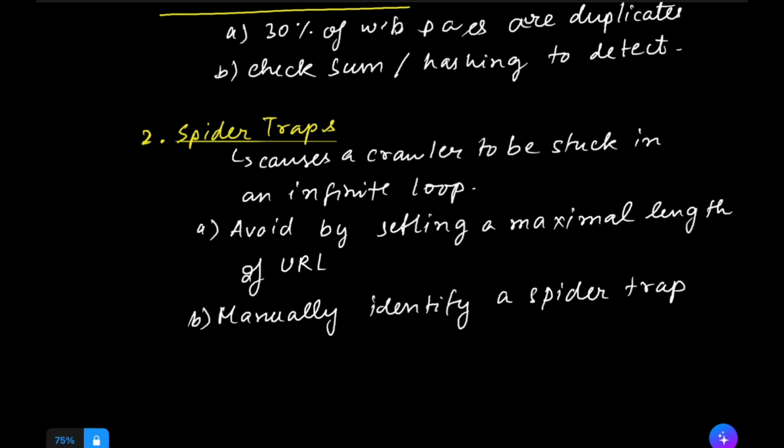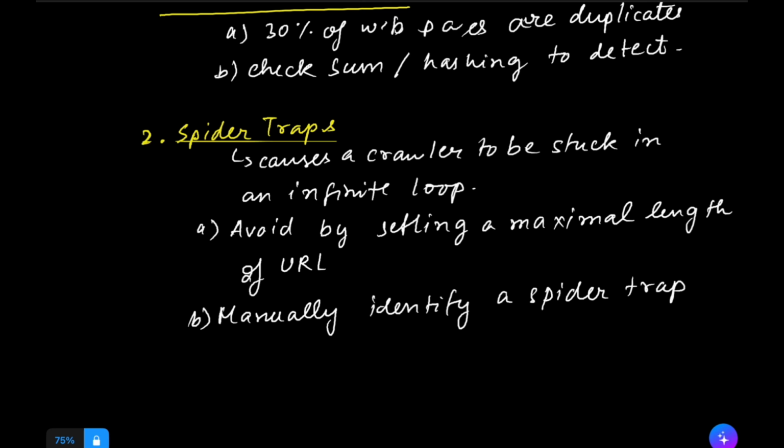Setting a maximal length of URL is not a one-stop solution or a good solution to handle spider traps. Generally, it has been found that spider traps can be easily detected manually, so they are human detectable. You can manually detect the spider traps and then, let's say, put them into our robots.txt file, or discard those URLs or remove those URLs from the web page.